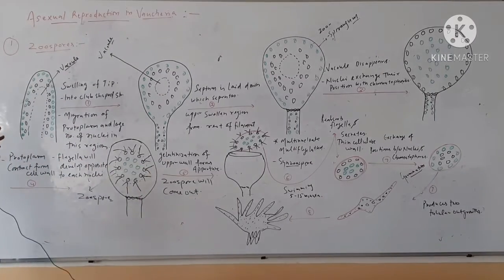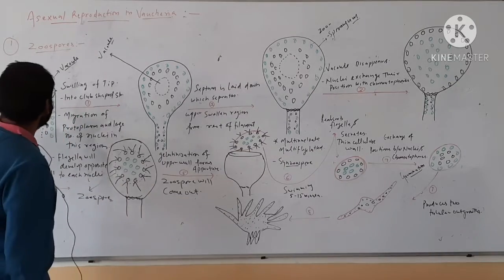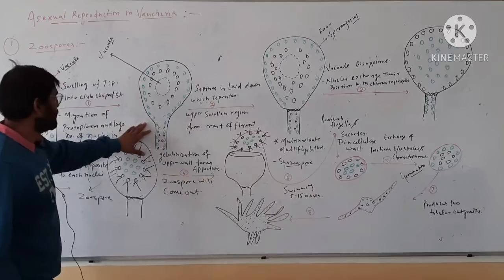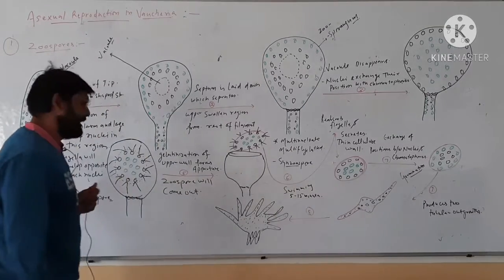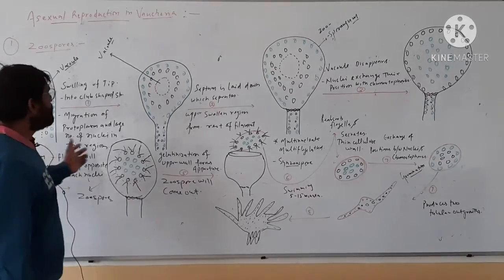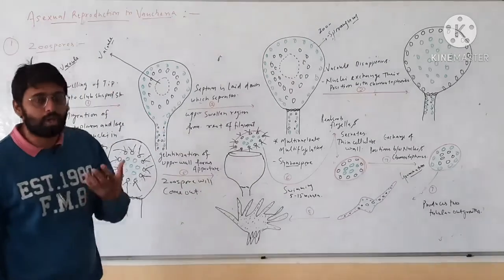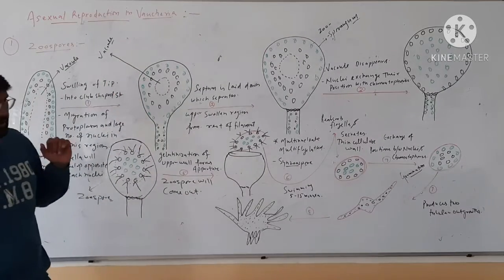In the first step, this filament will swell towards its tip. Here you can say it will become swollen towards the tip, and the nuclei and also protoplasm from the lower part will migrate towards this swollen part.